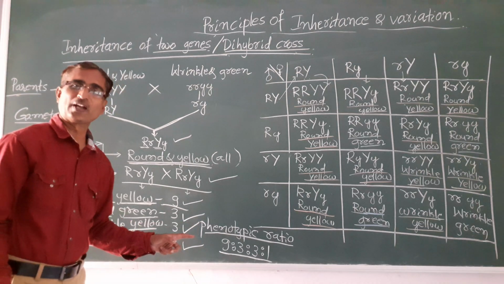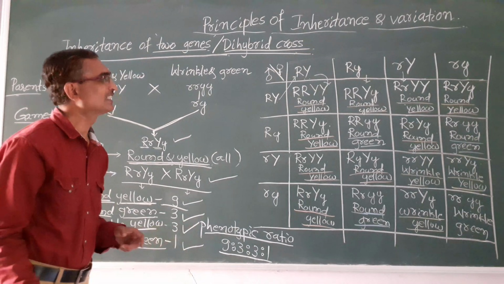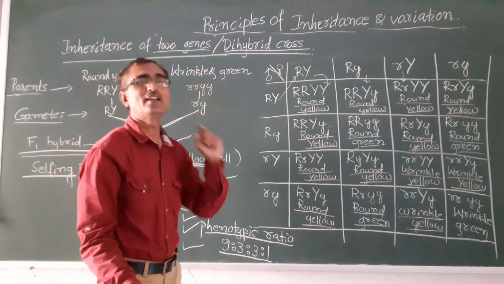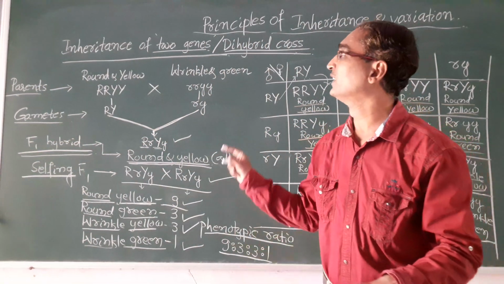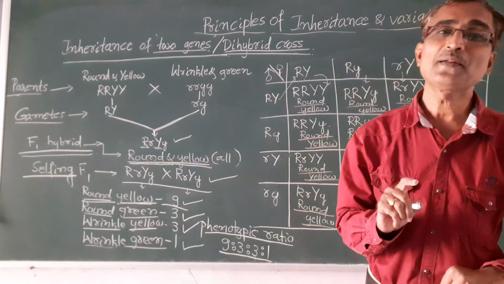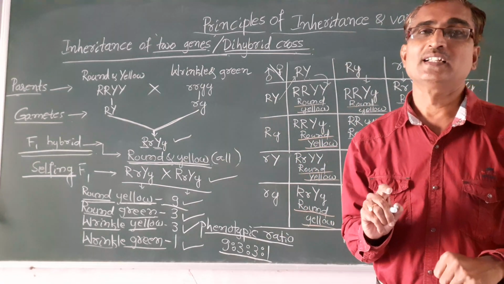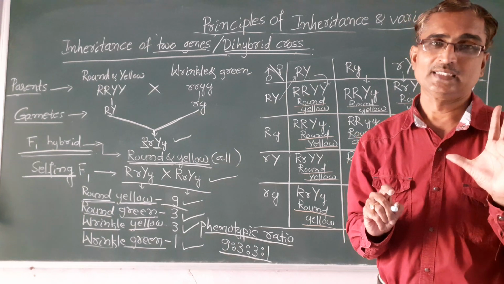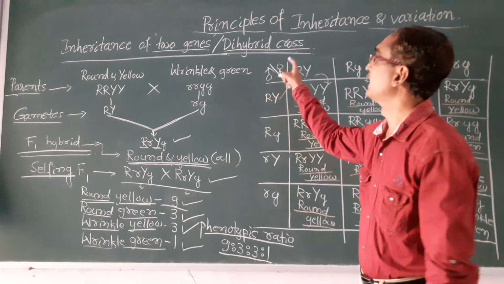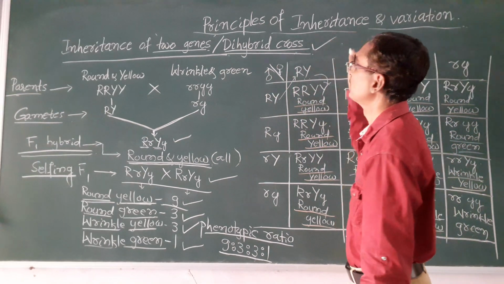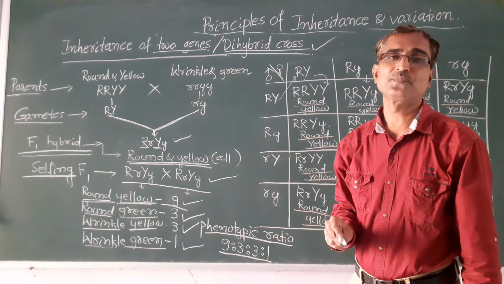Okay, so this is the dihybrid cross in case of the pea plant. Okay, it is one of the important concepts, that is a dihybrid cross, and it will be asked for exam.